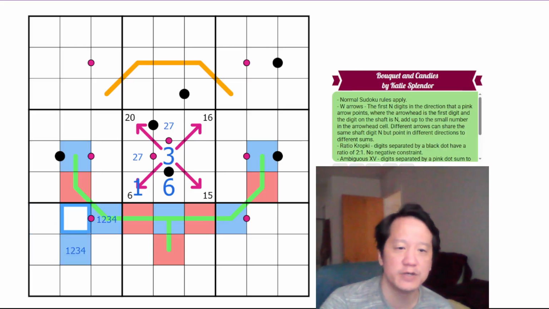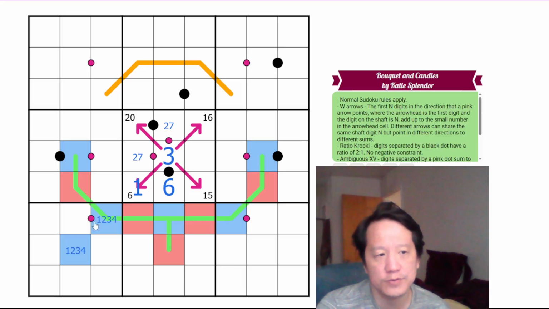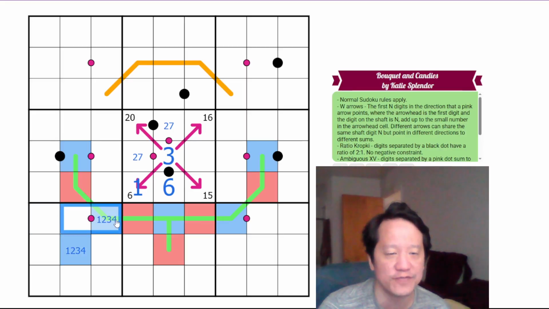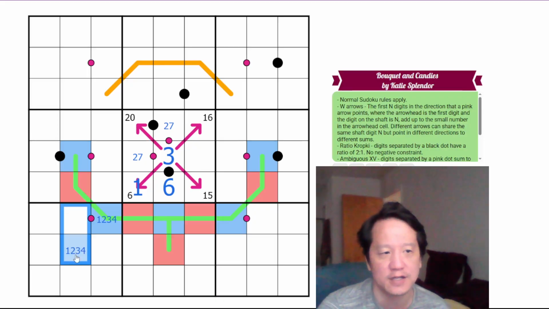That means this must be... well, we don't know. Oh, we do know. This adds up to 5. So if this added up to 5, these would be the same digit, which is not allowed in Sudoku. So therefore, this must add up to 10, which means this is a high digit. This could add up to 5, or it could add up to 10 here. We're not sure.